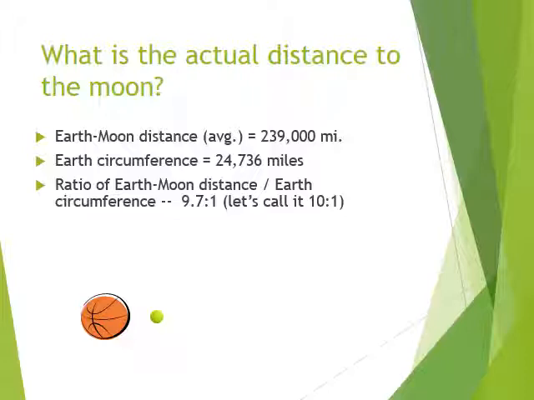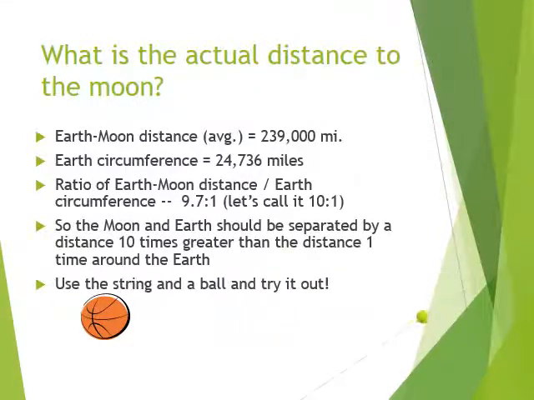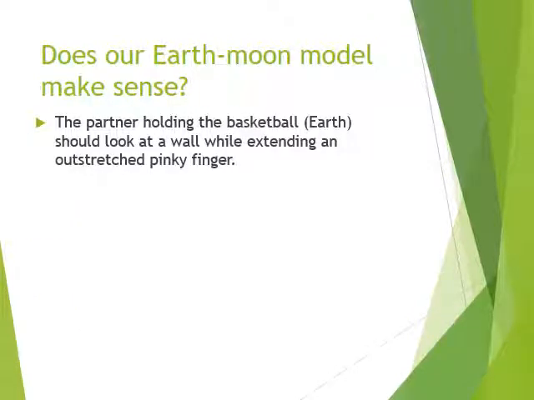So let's wrap our basketball 10 times, then unwrap that string and see how far that takes us. And it turns out that if you actually did this, it would be about 30 feet or so. That would be how far apart the Moon tennis ball would have to be from the Earth basketball in order to properly represent the Earth-Moon distance at this scale. And you can figure it out for yourself.